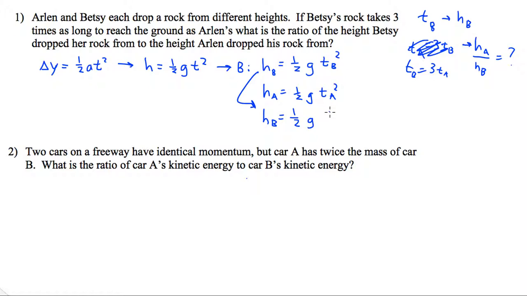So if TB is 3TA, we plug it in squared, you get 9TA squared, which is going to equal 9 times 1/2 G TA squared, which you will notice is equal to the height for Arlen. So HB equals 9HA, the correct answer is 9.